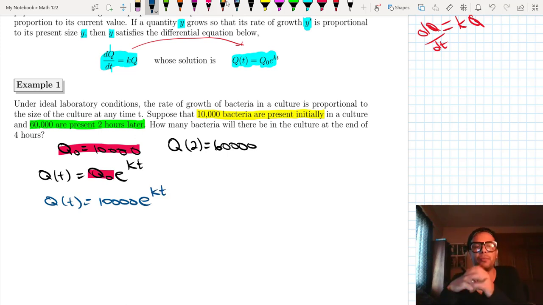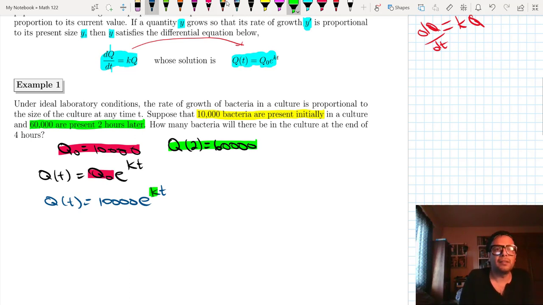But what do we have here? We have essentially one equation with two unknowns. We don't know the time, we don't know the k. So we need to find k. How are we going to find k? Well, the sentence that we highlighted in green will be helpful to find k.